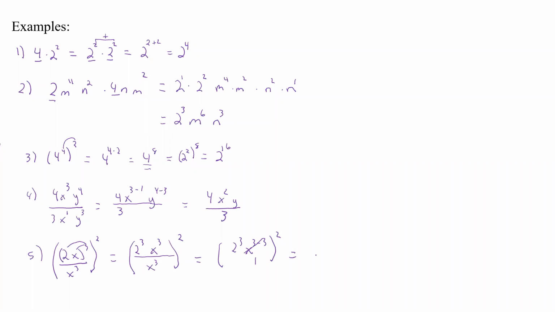Now we just have 2 cubed squared. And when we have power to a power, that becomes 3 times 2, or 6. Okay. So this here, we had numbers and the variables, and when we got done, we just had only numbers. All right, let's go to another one.